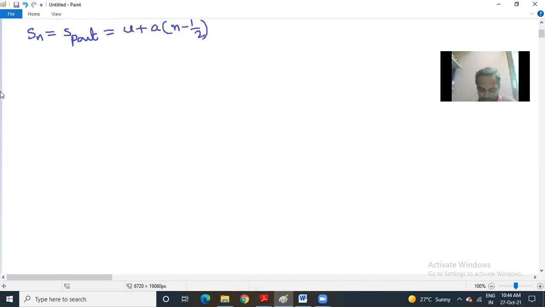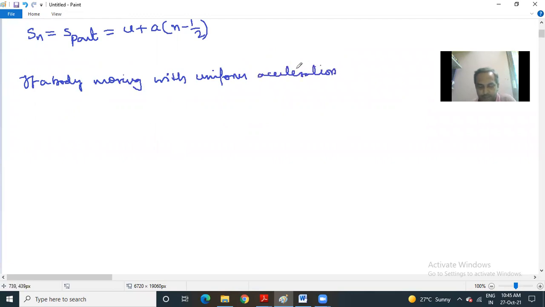First application is, if a body moving with uniform acceleration has velocities v1 and v2 at 2 points in its path.